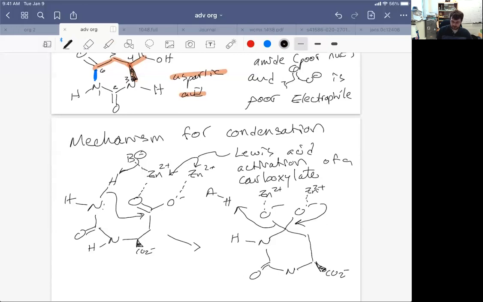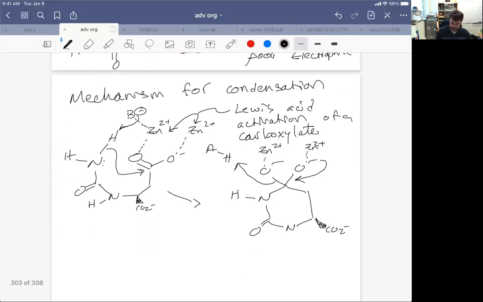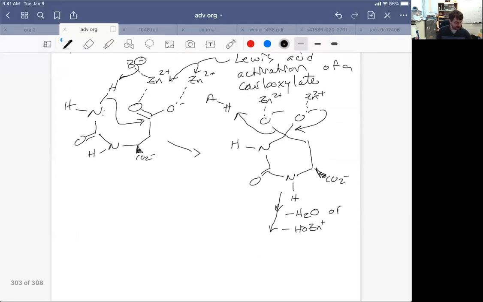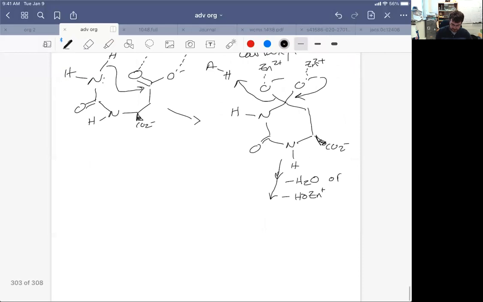You probably have to have another protonation come in, but either way, we can then lose water here. So I'm going to write H2O lost or minus HO zinc plus. Okay, both of those are fine. Or maybe the oxygen couples between the 2 zinc atoms. There's a few ways we could lose that second oxygen, but that's going to give rise to a carbonyl at the northern carbon.